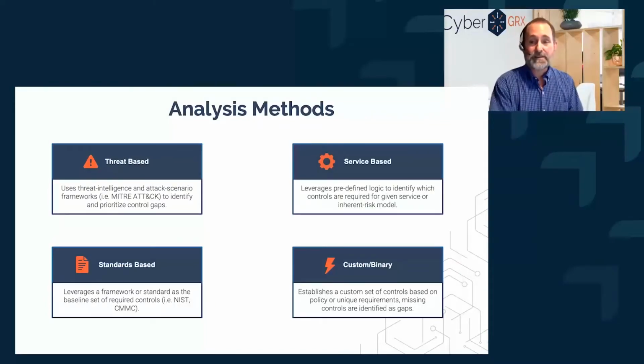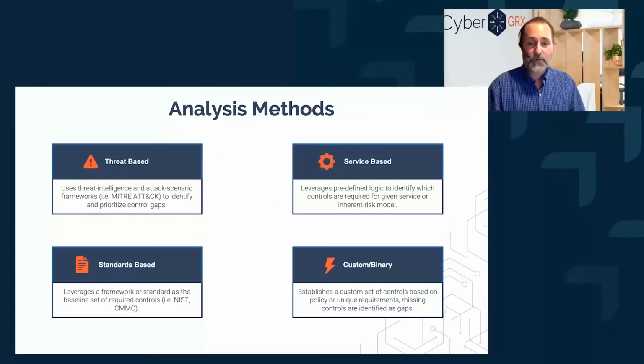Standards-based. As I mentioned before, some of the standards that you can use that are very good out there: ISO, NIST, the NIST 800-53, the NIST Cybersecurity Framework, FedRAMP, CMMC. Those are all available to you for use in doing some of your analysis. And then custom.